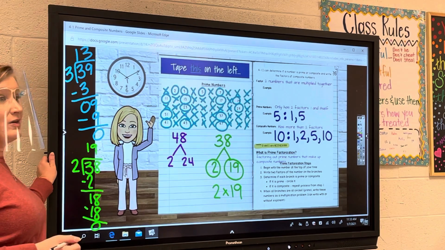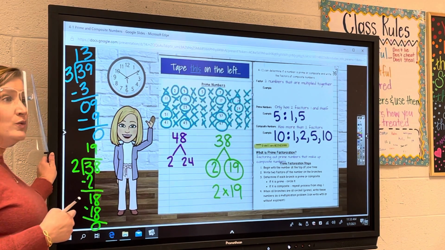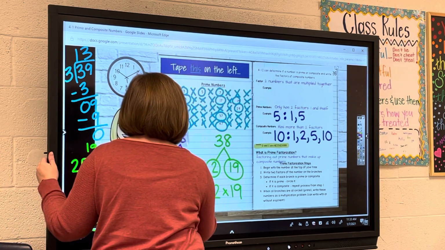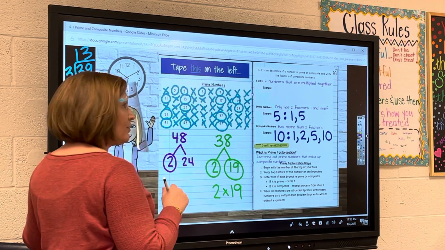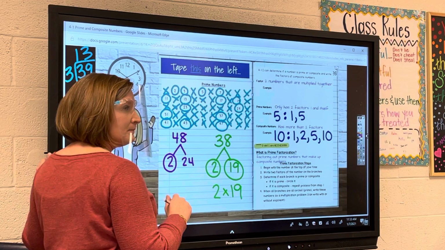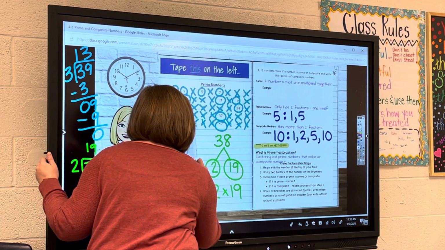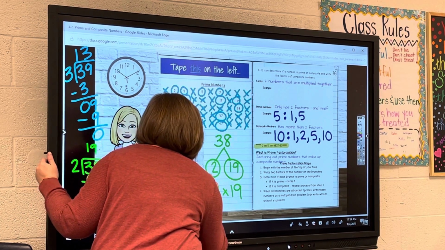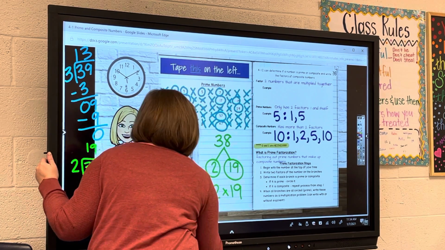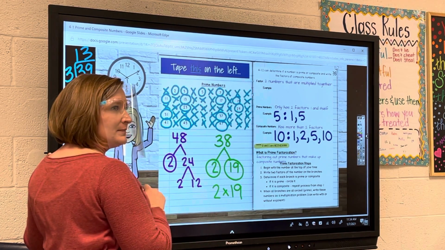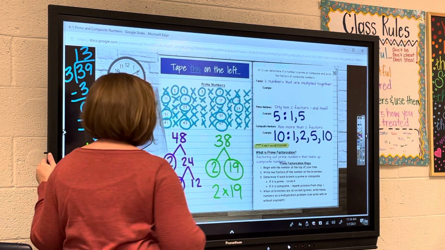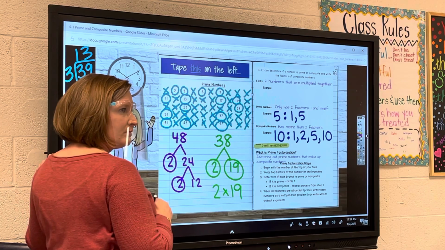It doesn't matter, okay? Now, 2, is that prime or composite? Prime. So I'm going to circle it. 24, prime or composite? Composite. So what times what gives me 24? 12 times 2. 2, is that prime or composite? Prime. So I'm going to circle it. 12, that's composite.